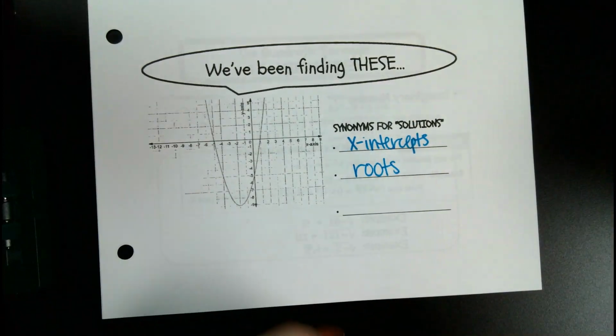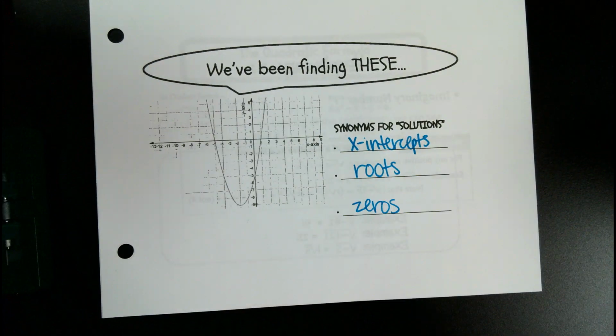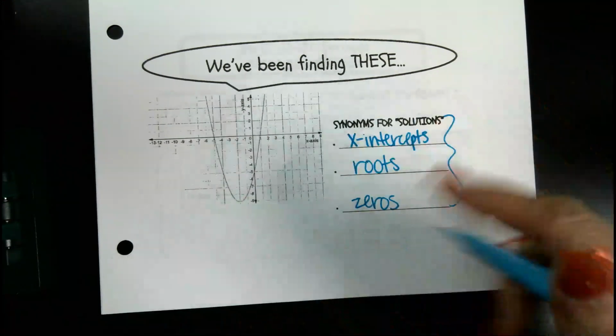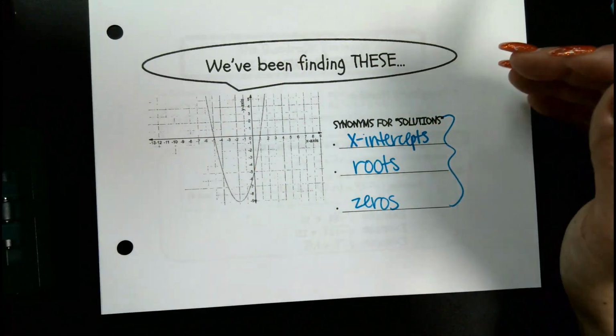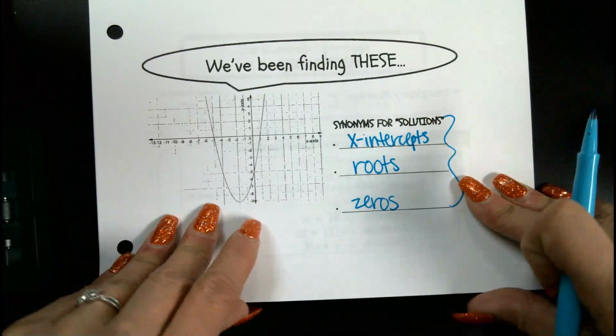We wrote it today, on the first lesson. And we also call them zeros. All of those terms mean the same thing. So if they say solve a quadratic, it doesn't matter which term they're using. We're doing the same thing every time. We're looking to see where our parabola would cross the x-axis.